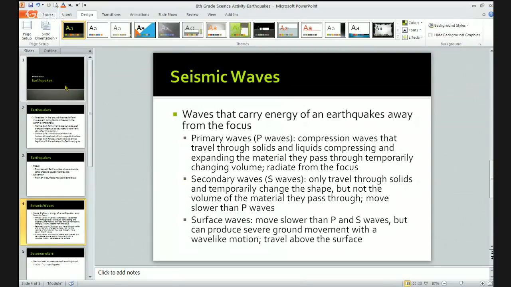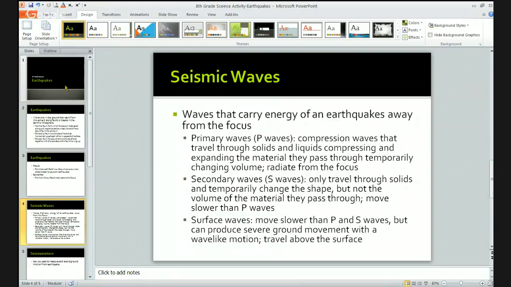And so you can see that's a secondary wave. These waves can only travel through solids, though, so they can't go through the liquid outer core, they can't go through really the magma and the mantle, so they really can only go through the crust of the earth. So they're a little bit slower than your primary waves.